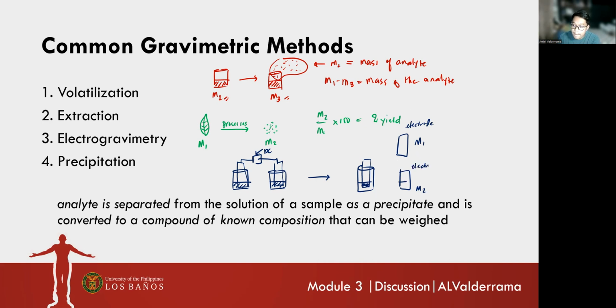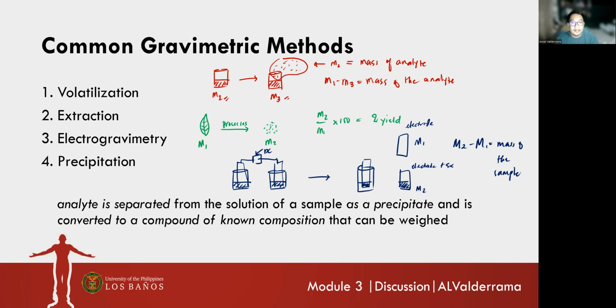This will become electrode plus sample. To get the mass of the sample, we just need to get the difference of the two. So this is your volatilization, extraction, and electrogravimetry.